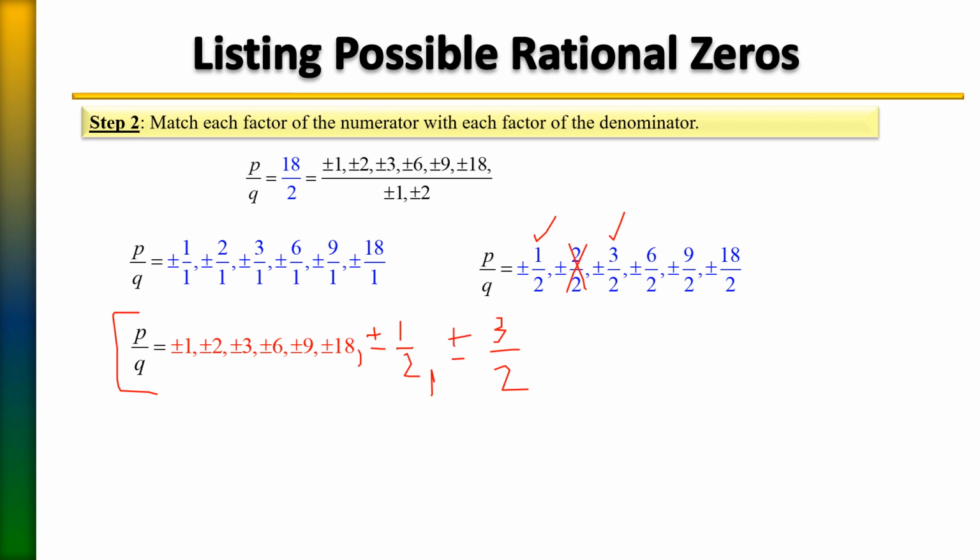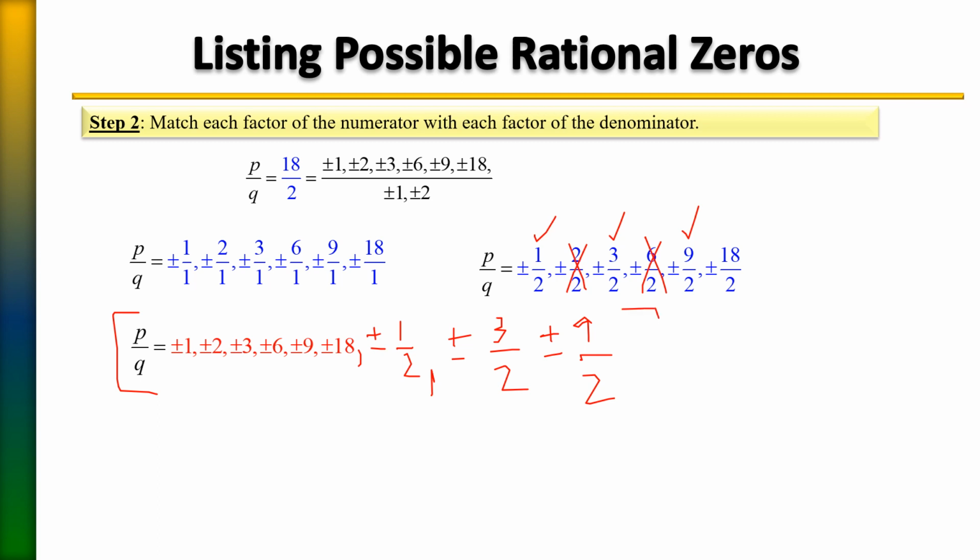We already have that on our list, so we don't repeat any numbers. 9/2. 9/2 is not on our list, so let's go ahead and add that to our list of possible rational zeros. And lastly, 18 divided by 2 equals 9. We already have that on our list.